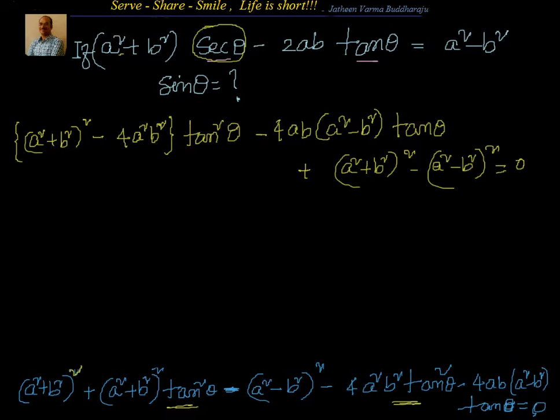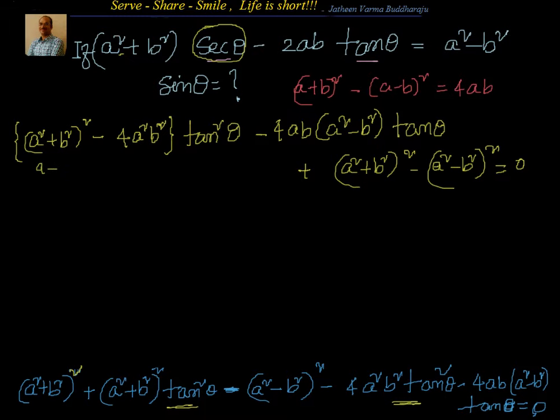Now we have to understand one simple formula here before we move forward. The formula, I'll just write it down here. The formula is (a plus b) whole square minus (a minus b) whole square is equal to 4ab. If we are able to understand this formula, then this becomes pretty easy to solve. Okay. Now what is (a square plus b square) whole square minus 4a square b square?